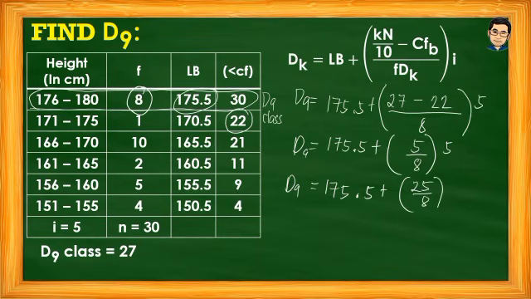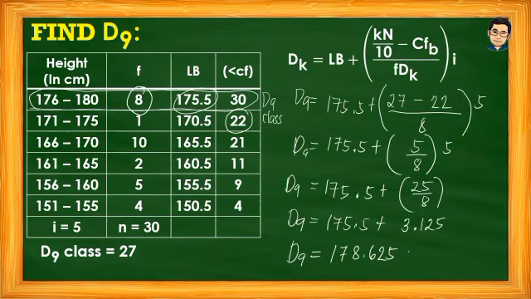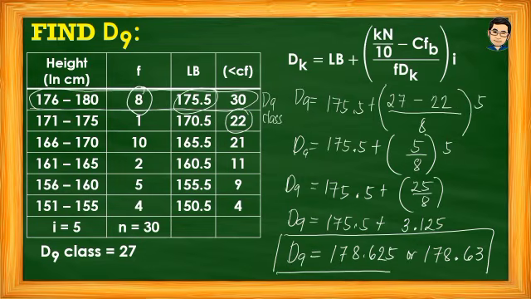So, i-divide ngayon natin yung 25 sa 8. So, ang makukuha po nating sagot is 3.125. Okay. And then, i-add natin yan. We'll get 178.625, or kung i-round up natin yan, we'll get 178.63. So, that will be the value of D sub 9.